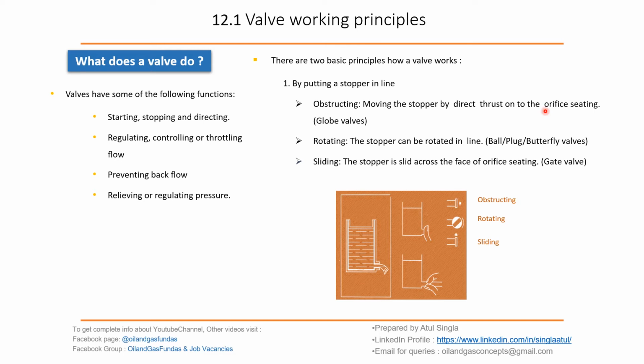Rotating: the stopper can be rotated in the field, for example in ball valves, plug valves, and butterfly valves. The rotating action will stop the flow. Then sliding is mostly in gate valves, where the stopper is slid across the face of the orifice seating. So these are the three principles based on which all these valves function: obstructing, rotating, and sliding.